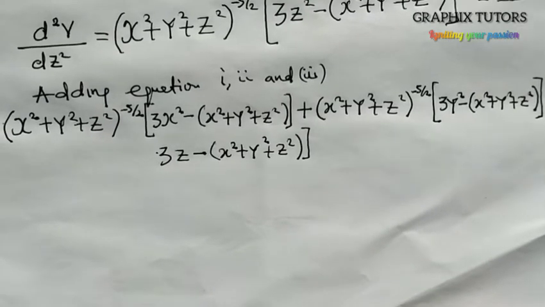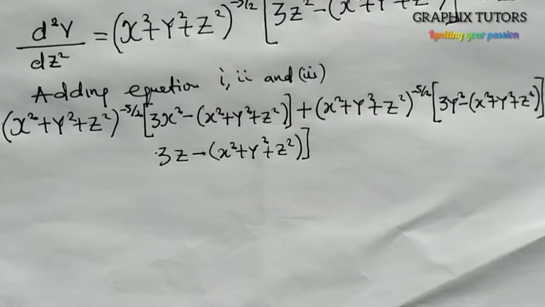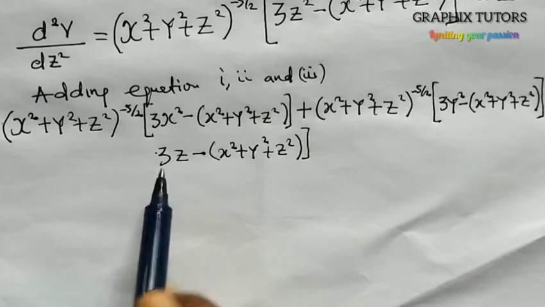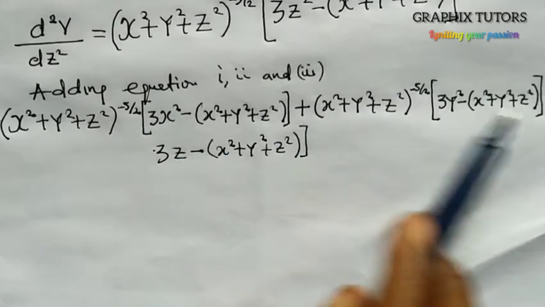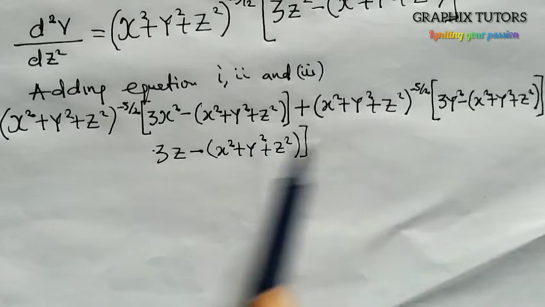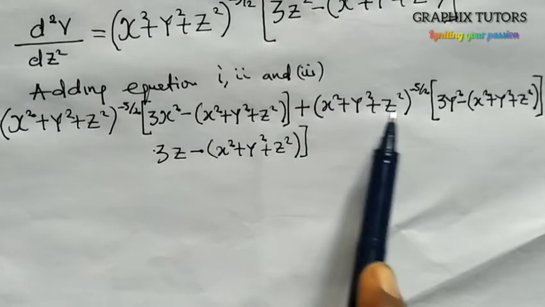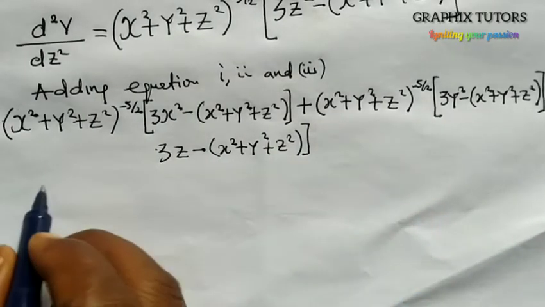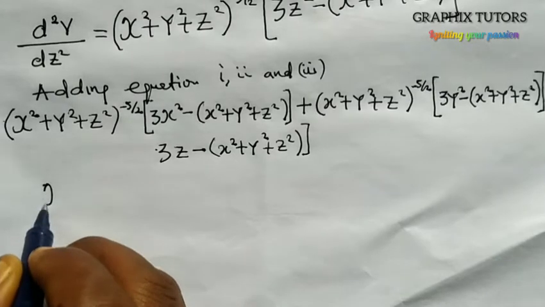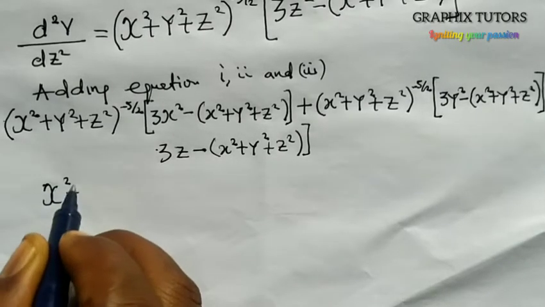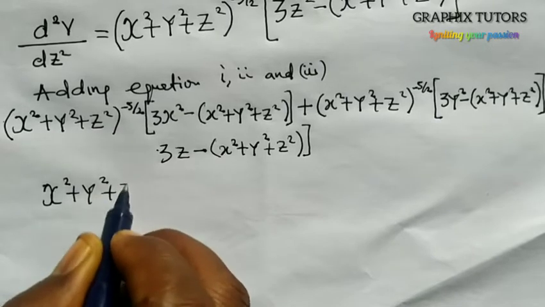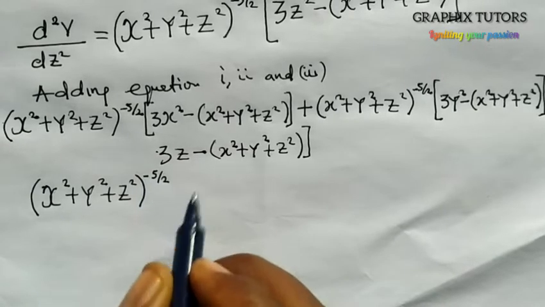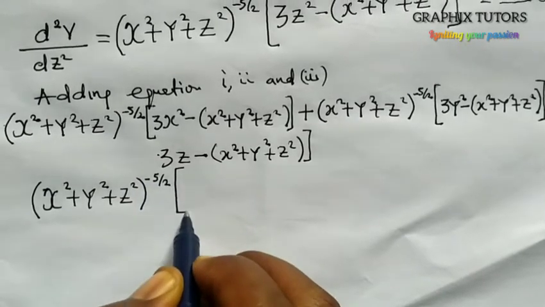So from this point, we'll start adding. Now if you look, they're all like terms, right? So I should bring out what they have in common. So what they have in common is x squared plus y squared plus z squared to the power of minus 5 over 2. So I'll open the bracket. What is remaining?